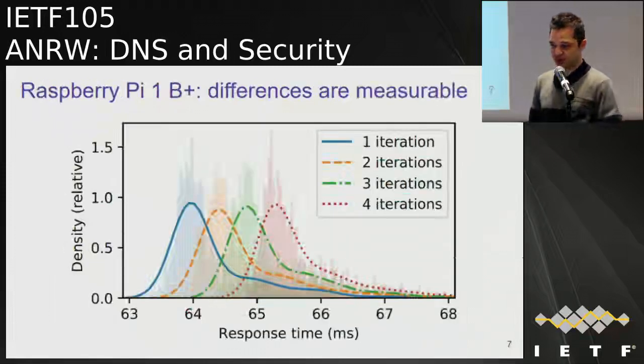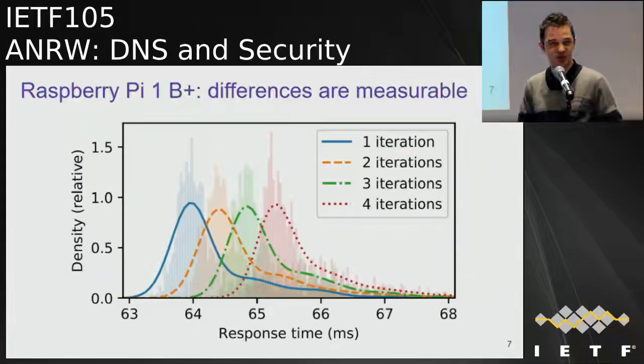So we tried this attack by setting up a Wi-Fi access point, a WPA3 access point, on a bit of an older Raspberry Pi. The reason we picked a Raspberry Pi is because its CPU is actually similar to the one of a professional Wi-Fi access point. And when we did these timing measurements, we found that indeed these differences can be easily measured simply over Wi-Fi.